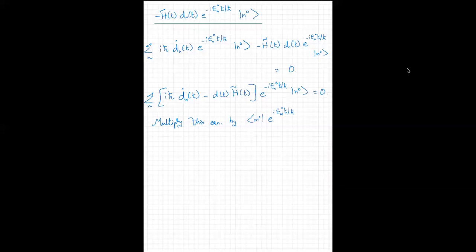The first term, the d_n, is just a number, right? So it's just a function, it's not an operator. So the ⟨m0| can go right through the d_n and the exponential to hit the |n0⟩. So this splits into two different terms. The first term is iħ d_n dot of t.